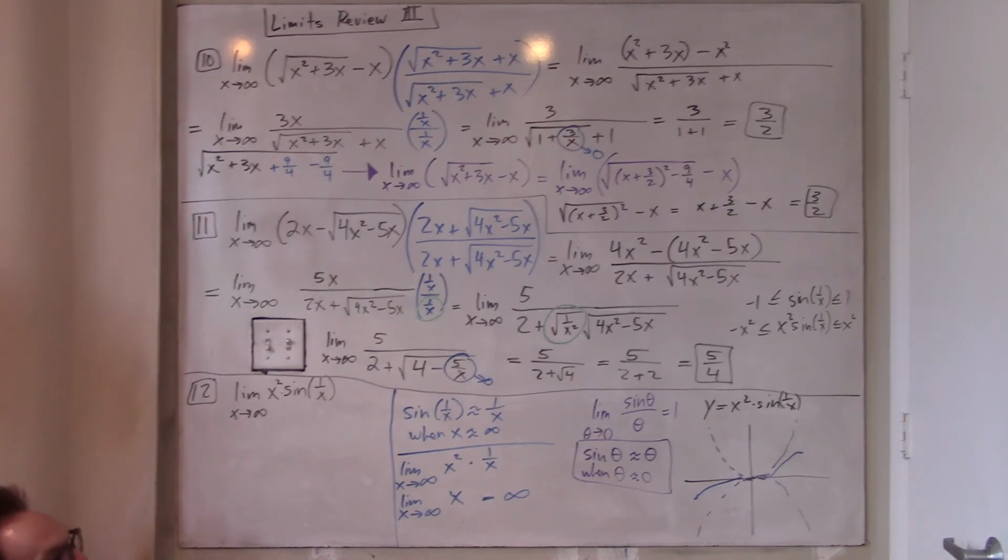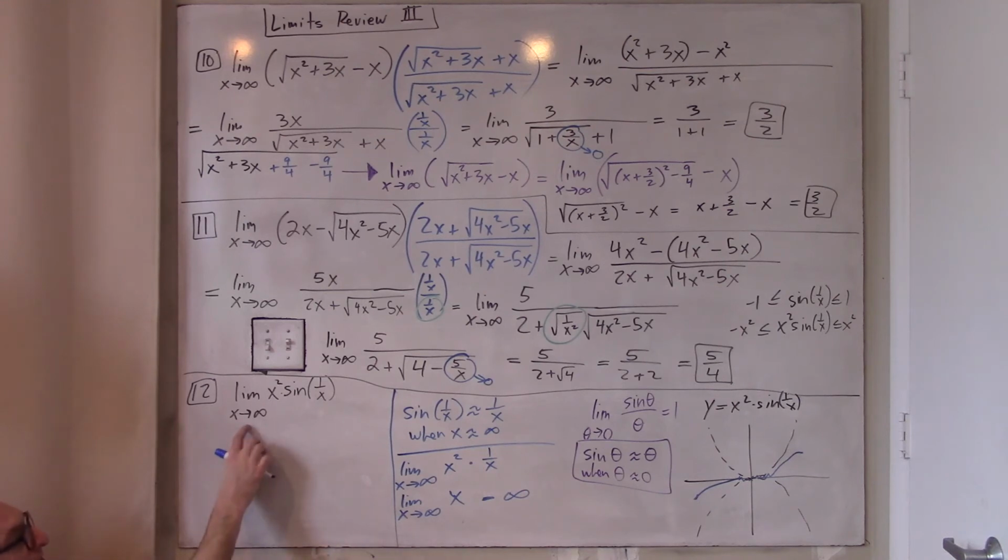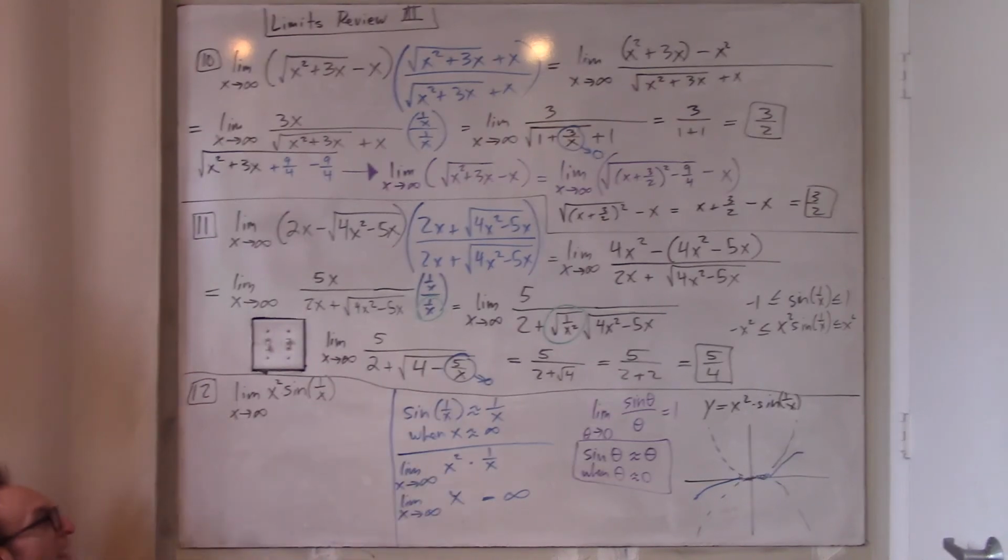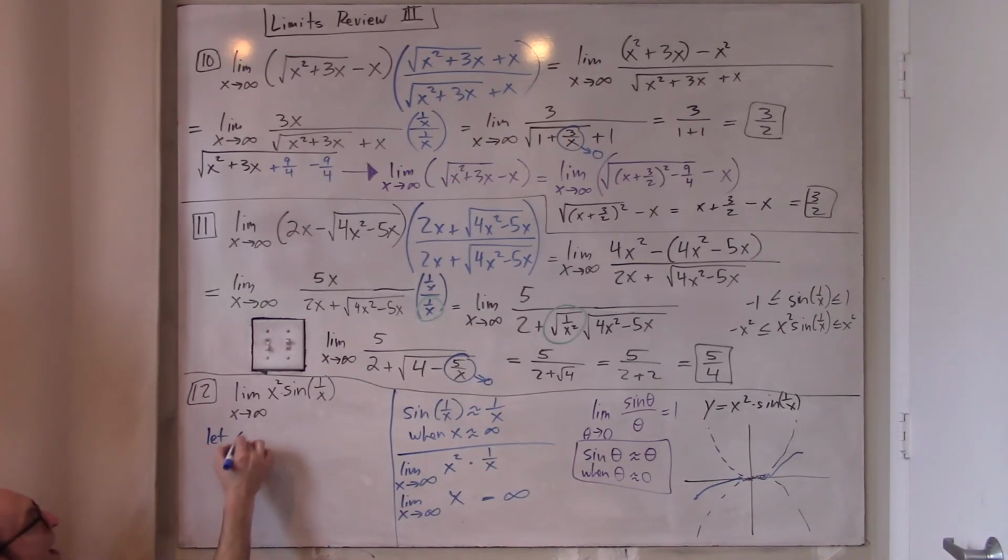If you crave a little bit more explanation for why that's true exactly, then what we can do is perform a limit switch. In other words, let's change this variable and replace this 1 over x with something else. So let y be 1 over x, for example.